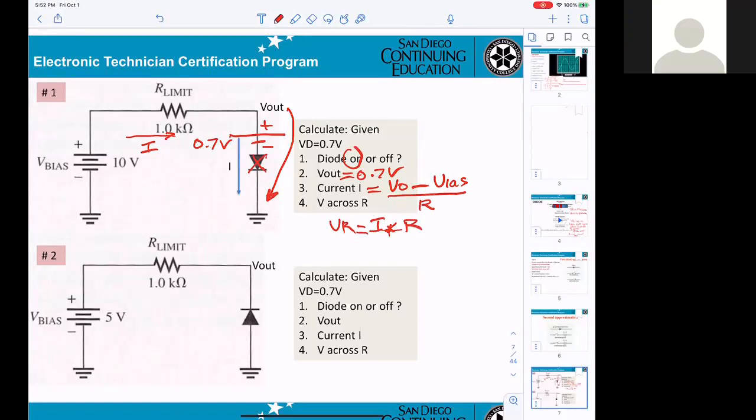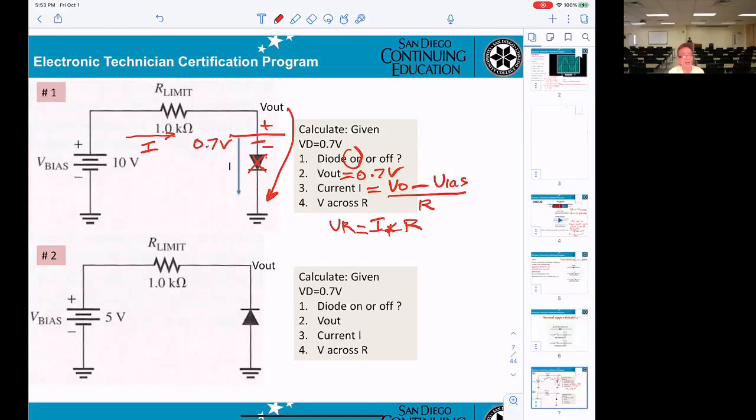And Mr. Pham, shouldn't that be the bias voltage minus V out over R? Because then that would make it positive. Which one? What number? Number 3. Number 3, they want the current I. Yeah, so isn't it 10 volts minus 0.7? Then the V out and the bias should be switched around in that formula, shouldn't they?